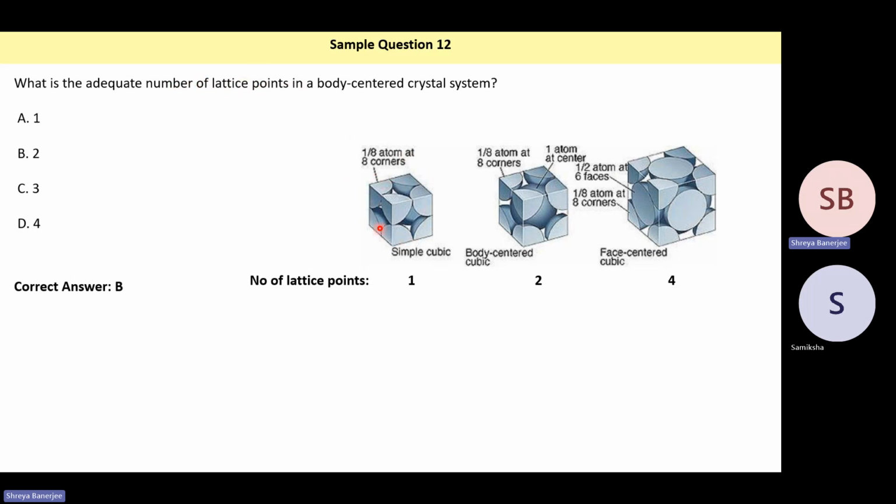So you know in a cubic, at the corner, you only have 1/8 of an atom because it is sharing this atom with 7 other atoms. Got it, ma'am. 1 by 8 into 8 is 1, plus 1 in the body is 2. So you will have a total of 2 atoms, which is your option B.